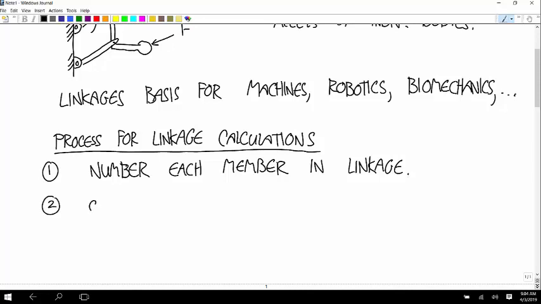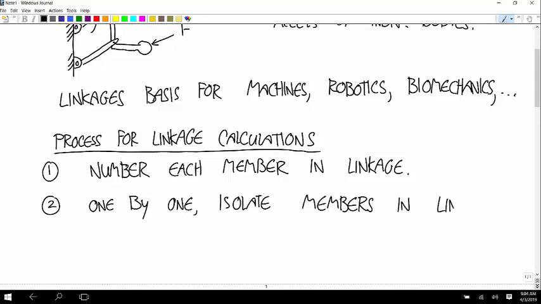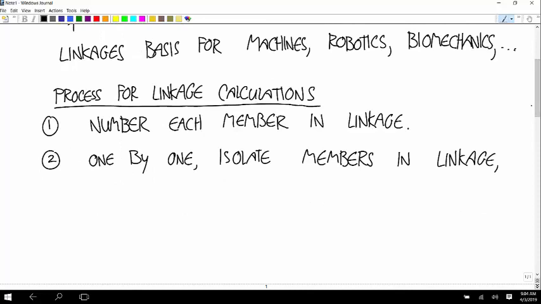And then second, one by one, isolate the members in the linkage and use Newton's laws.